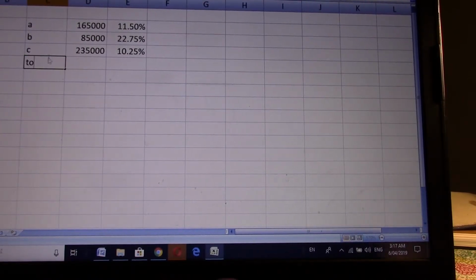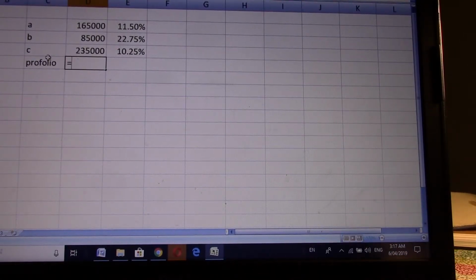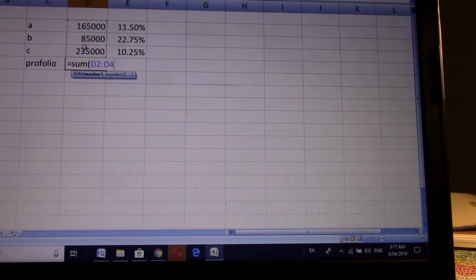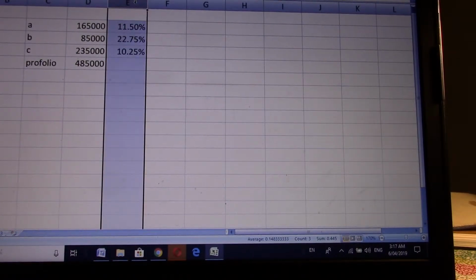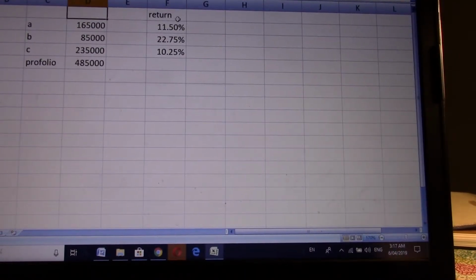Let's say, for the portfolio, how much is the total amount? We can add it up. 485. Now we also need, so this is return, this is an amount, investment.